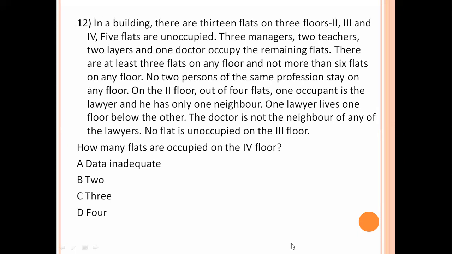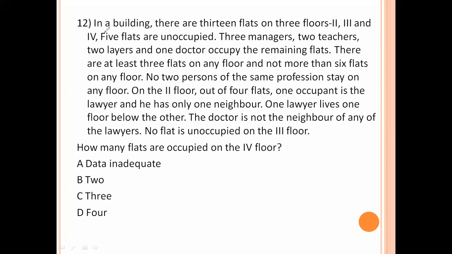In a building, there are 13 flats on 3 floors: floor 2, floor 4, and floor 5. 5 flats are unoccupied. 3 managers, 2 teachers, 2 lawyers, and 1 doctor occupy the remaining flats. There are at least 3 flats on any floor and not more than 6 flats on any floor.